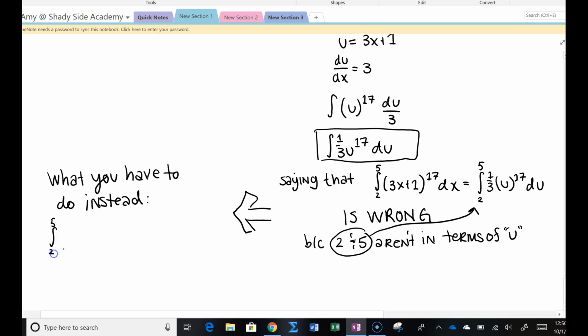Without a calculator, we're going to leave this thoroughly disgusting, which is fine. This becomes 1/54 times 16 to the 18th minus 7 to the 18th. And this equals the net signed area bounded by this curve from x equals 2 to x equals 5.